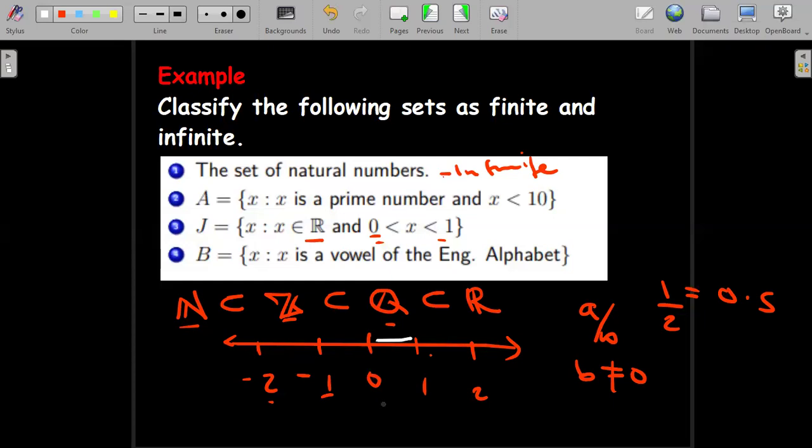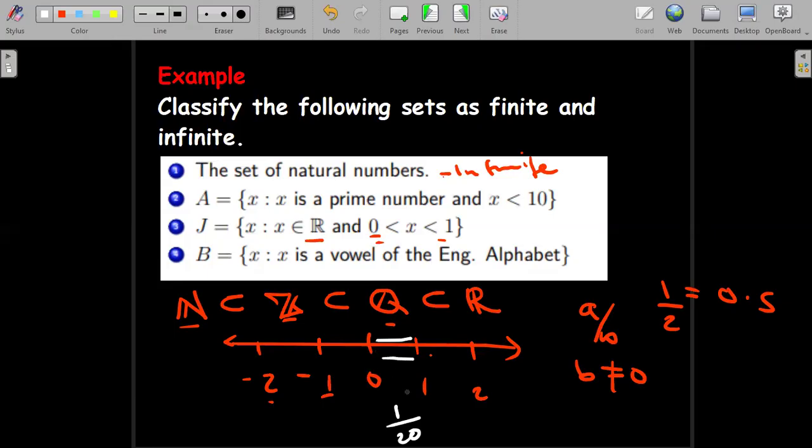If I start with 1, 1 over 2 is going to be there because you have 0.5. I just keep on increasing the denominator. If I continue to increase the denominator I'll be dividing by, my decimal becomes smaller and smaller and still sits in between there.